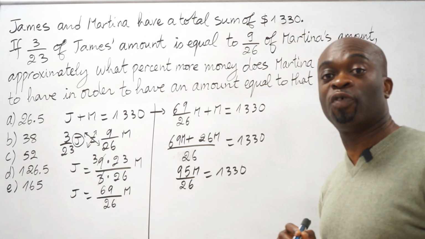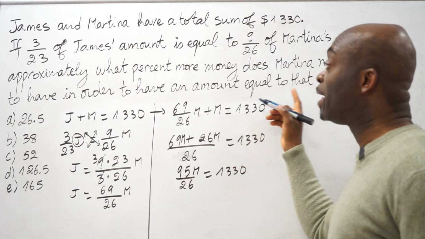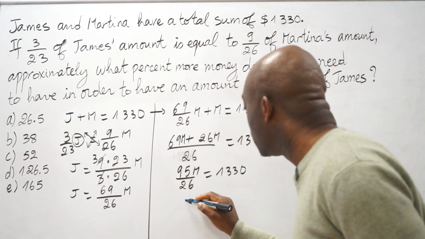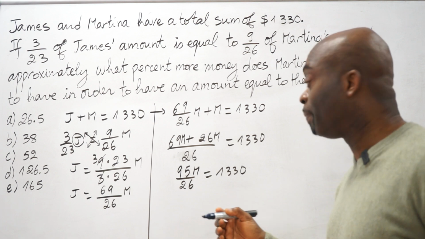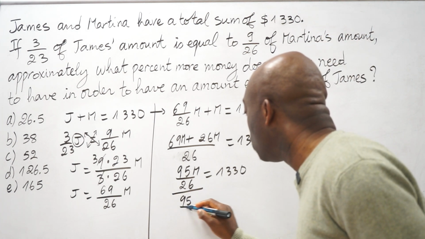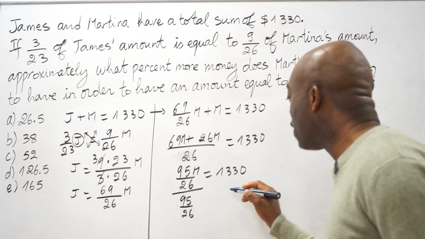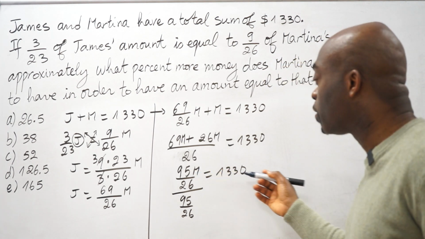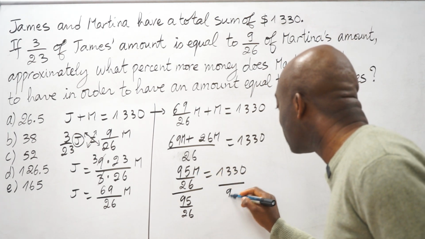So what are we solving for? Martina, because don't forget, we're looking for the amount for Martina first. That's all about dividing both sides by 95 over 26, or you can cross multiply also. It doesn't really matter.